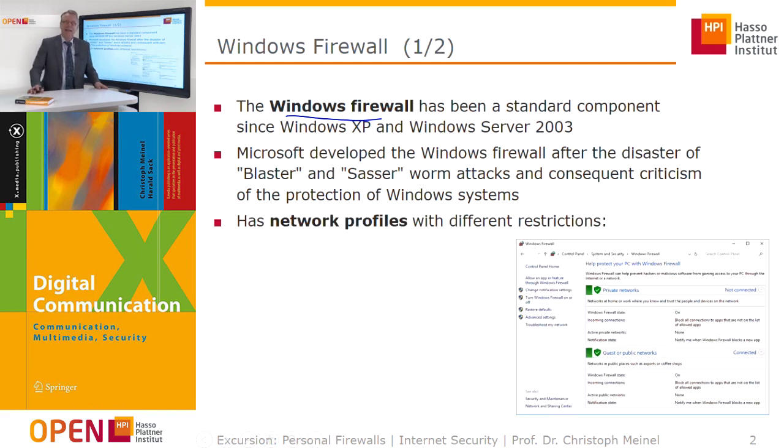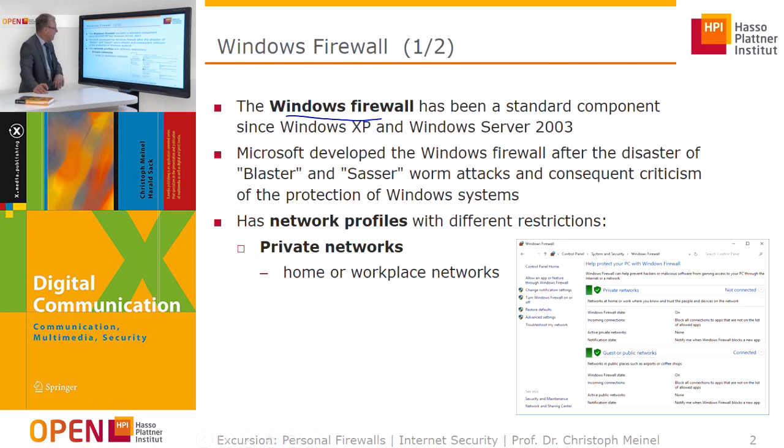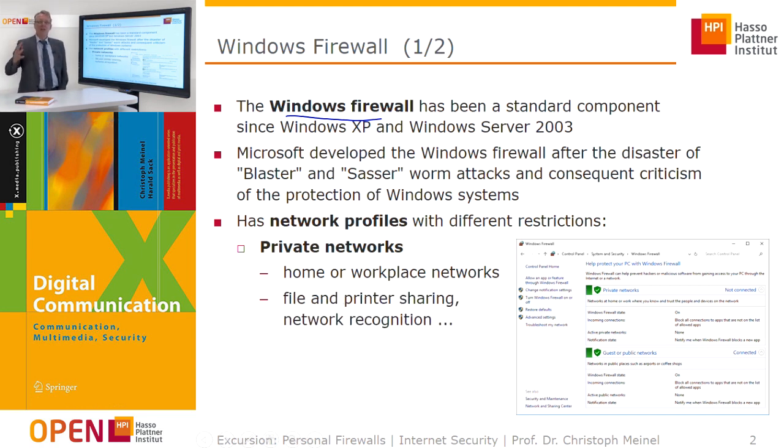The Windows Firewall has network profiles with different restrictions. There is on one side the private network. This is usable for home, for workplace networks, file and printer sharing and network recognition. You are doing it, for example, like in your home.